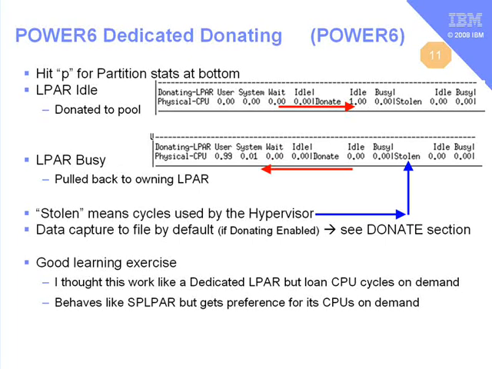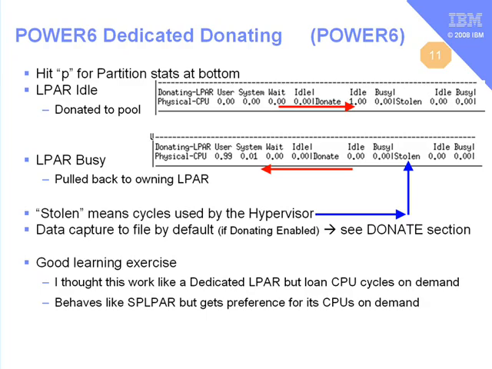And also note that it will always bring back the same CPUs. It has a sort of ownership of the CPUs that you don't get with regular shared CPU logical partitions. So this is quite a good learning exercise. I was expecting it to donate them if a logical partition was demanding CPU cycles, but in actual fact they're all donated and we pull them back when we actually need them.